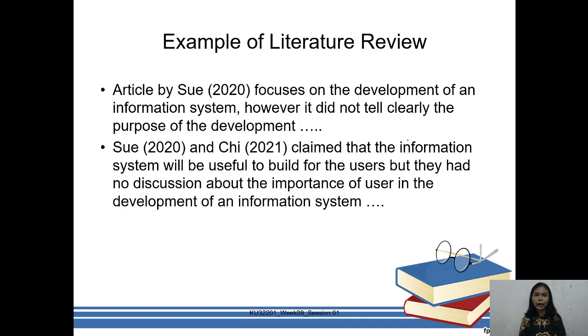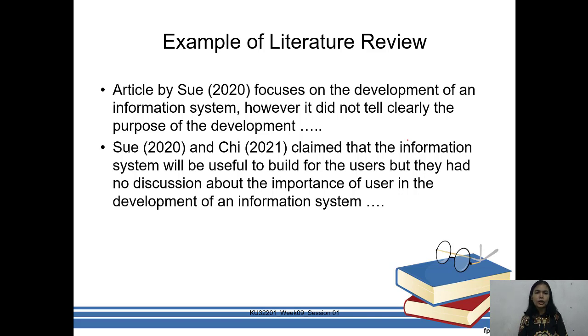So it's very good to have more references to be discussed in your literature review. Okay, so this is the example of how you present two or more writers in literature review.